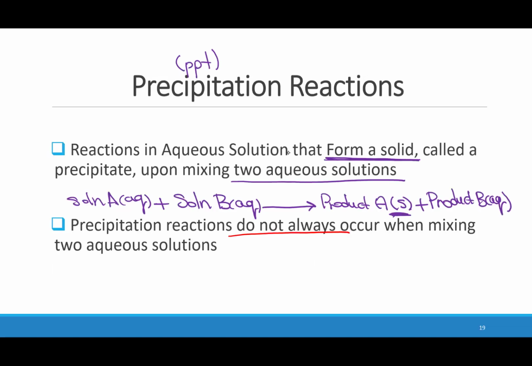One thing that it's a good idea to pay attention to is that you do not always get precipitation when you mix solutions. Sometimes you have a precipitate as a product, sometimes you don't. Sometimes all your reactants and products will be in aqueous state, which is also fine.